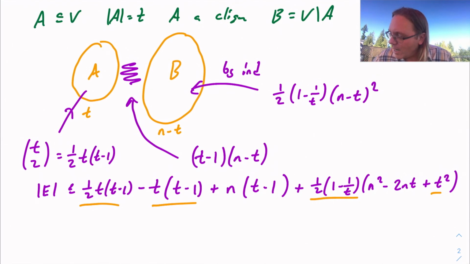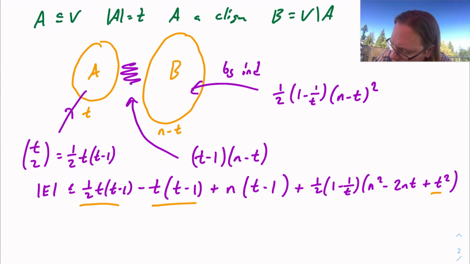Anyway, so when you take this t squared term and multiply it by 1/2 times 1 minus 1 over t, just take one factor of that t squared and push it through. T times 1 minus 1 over t gives me t minus 1, right? So the upshot is that all of the terms here that I've underlined in orange are just canceling.